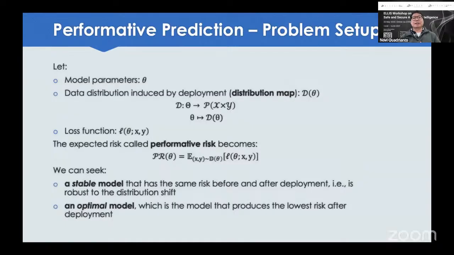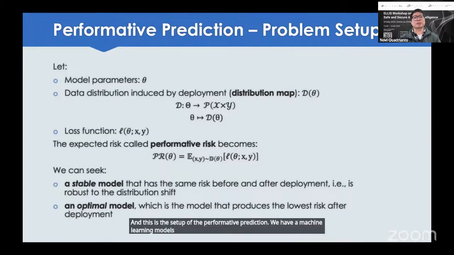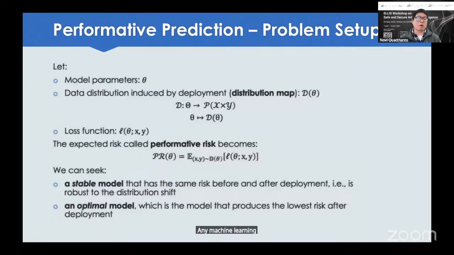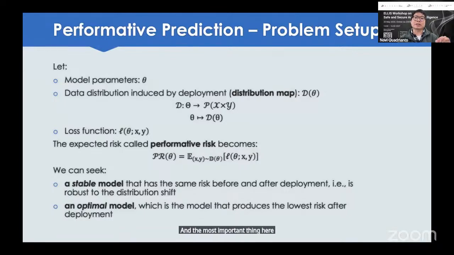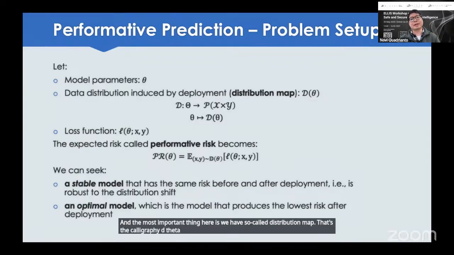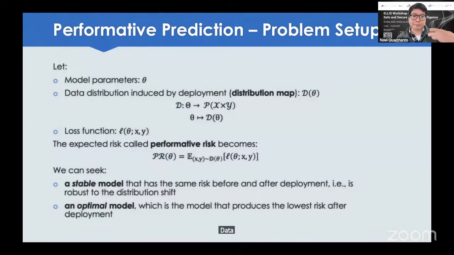And this is the setup of performative prediction. We have machine learning models, which we parameterize with theta; any model, linear or nonlinear, is just captured with theta. The most important thing here is the so-called distribution map. That's the calligraphic D of theta that I put earlier. This is the data distribution that is induced by deployment. The theta maps to the new data, x and y.